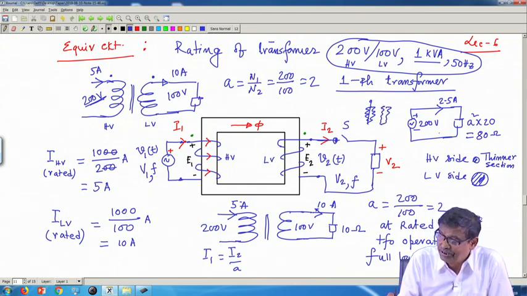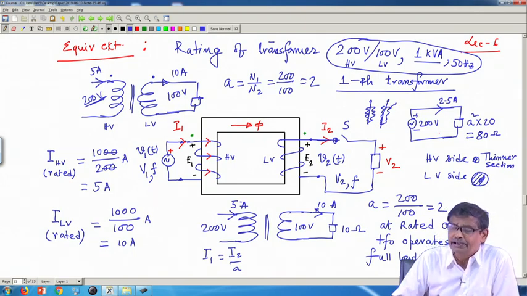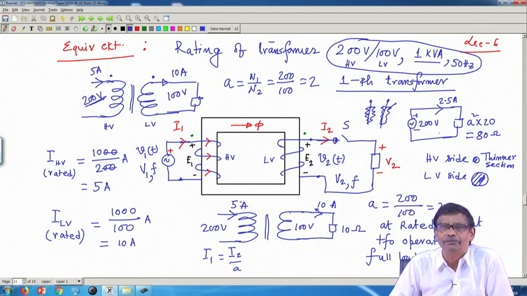So, these are bushings, these are insulation. Okay. So, insulation level will be decided by the voltage rating of the transformer, and cross sectional area of the copper wire with which you make the coils, they will be decided by the rated currents of the transformer.